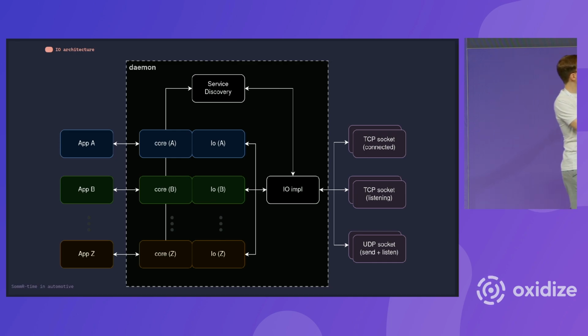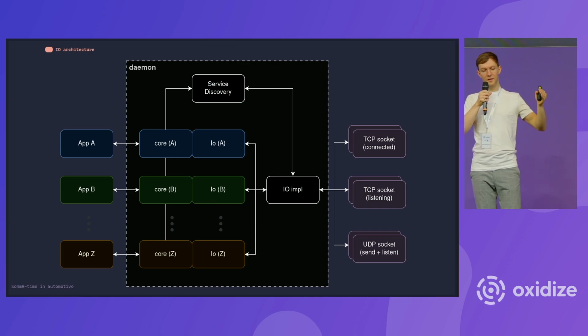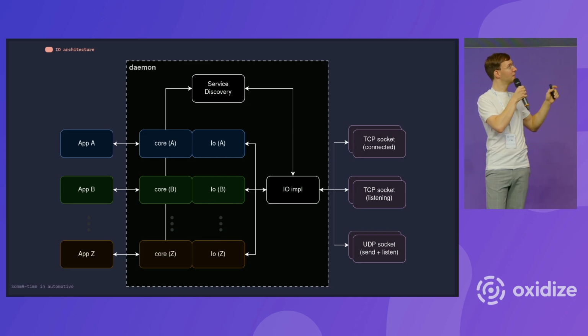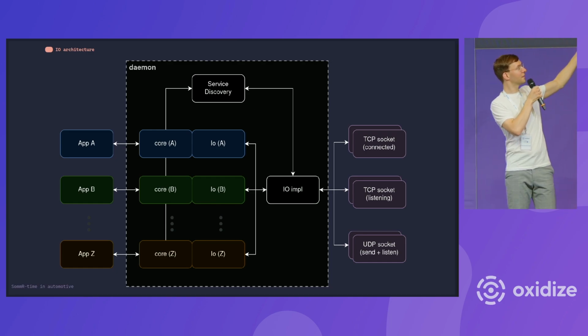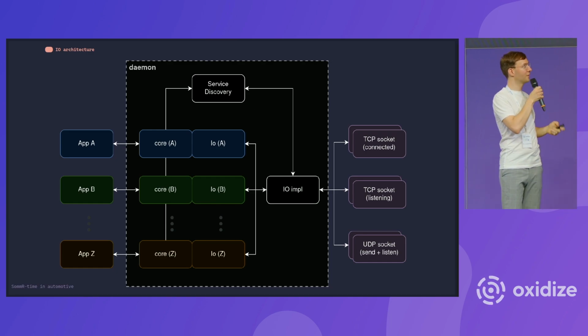And another important thing, you see this one I/O impl block. We have one central part of our module where all the instructions to open connections come in, and we handle all the connections on the right. We'll look into this in more detail now, but this is important to know. Several apps go on a lot of handles, but they come down to one backend, we may call it, that serves it.